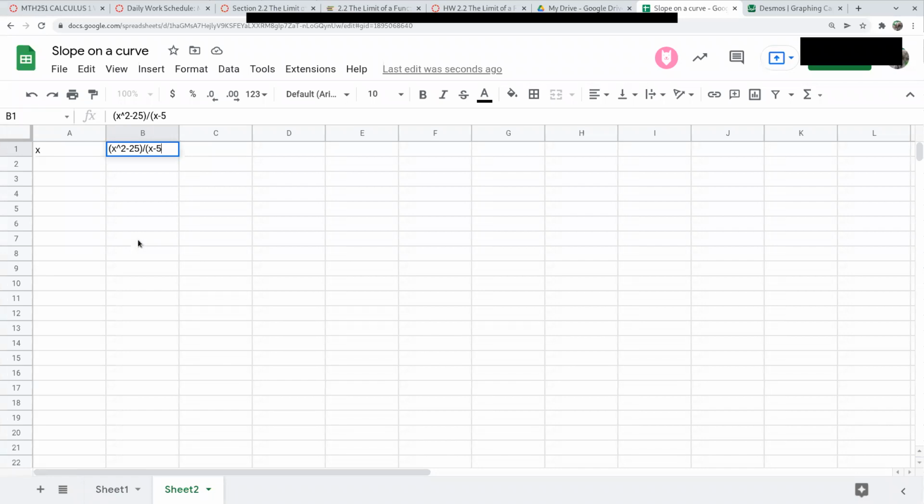The spreadsheet has no idea what x means. It's just a letter. So all I'm doing is typing a label here for what I'm going to calculate. In this case, it's a little easier than the previous problem because I'm not keeping track of x and y. All I have to do is keep track of x and the function value. I just want to pick the function values I was given.